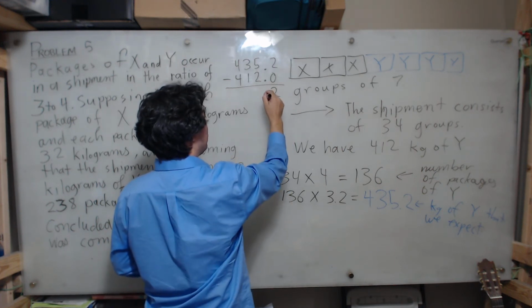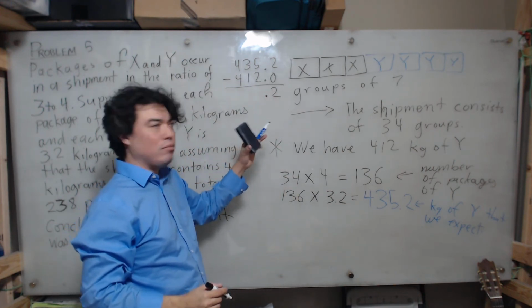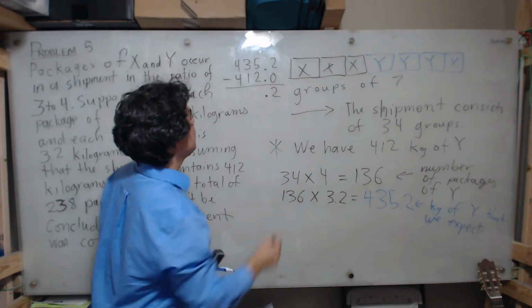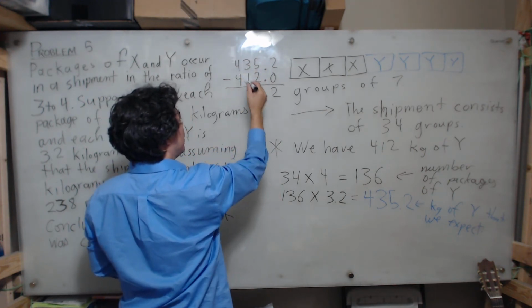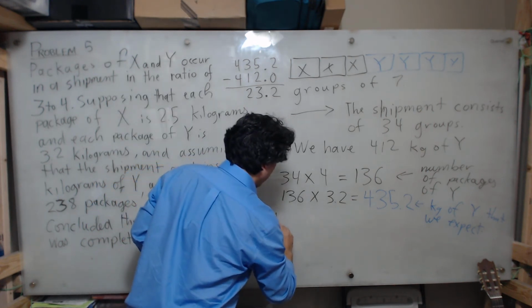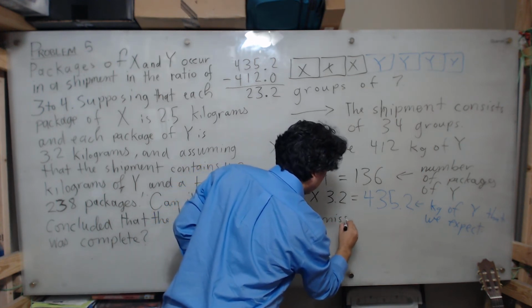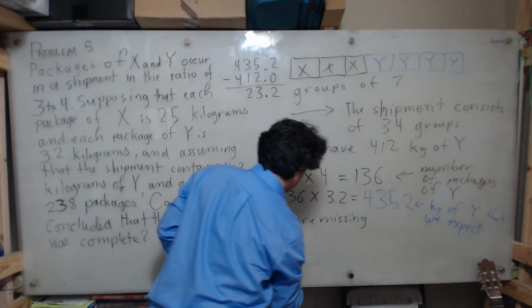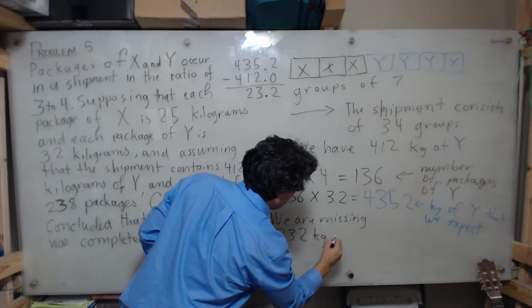I bring down my decimal point. You notice when I'm subtracting or adding decimals, I line the decimals up. 5 minus 2 is 3. 3 minus 1 is 2. And then 4 minus 4 is 0. So we are missing 23.2 kilograms of Y.